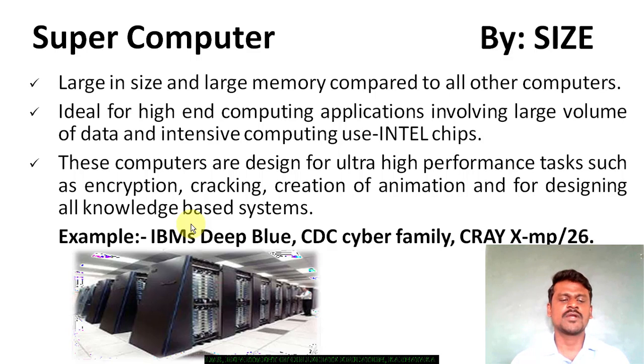So only these supercomputers are used by high-end companies, scientific areas, and some hospitals. Examples are IBM Deep Blue, CDC Cyber Family and Cray X-MP. These are some of the supercomputer examples.